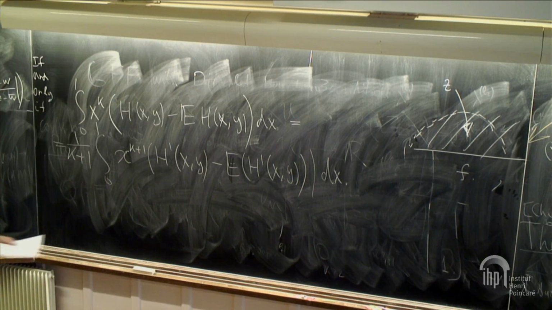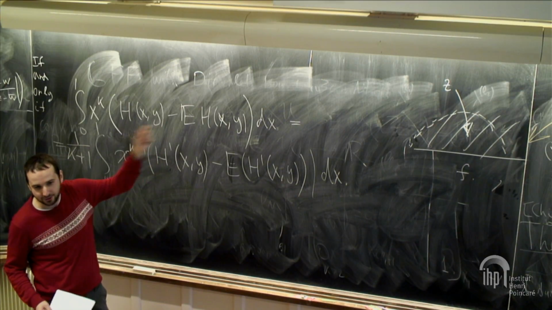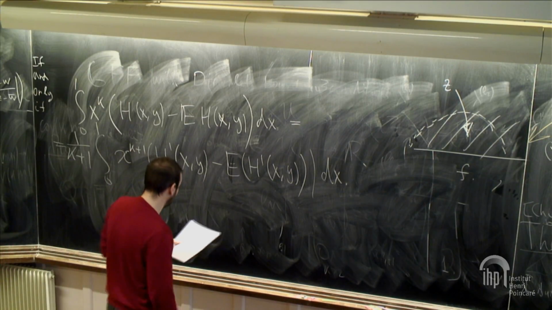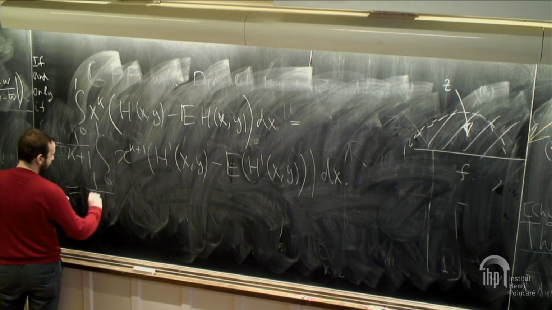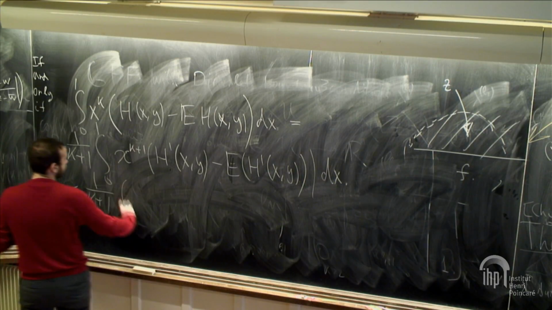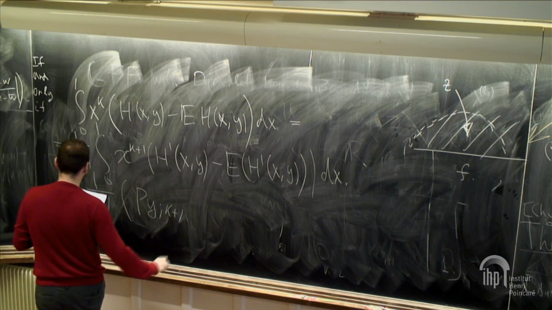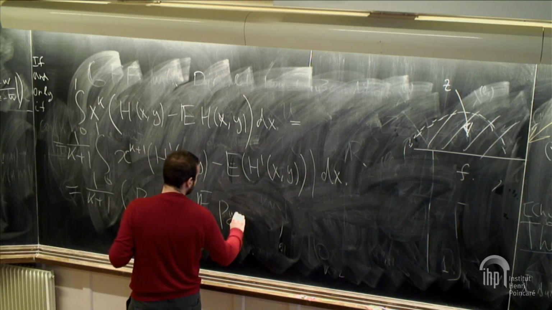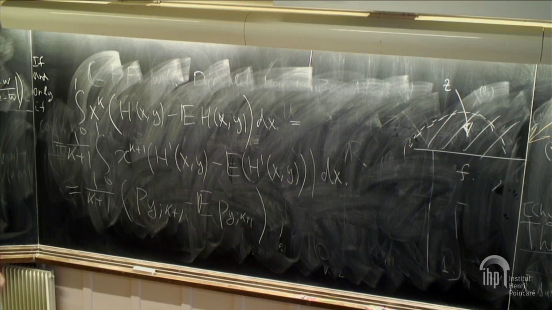Now the nice thing is that the derivative of the height function gives precisely jumps at the particles, and that's what we can work with. So this is the same as 1 over k plus 1 times p_{k+1} of y minus the expectation of p_{k+1} of y, pretty much just by the definition.